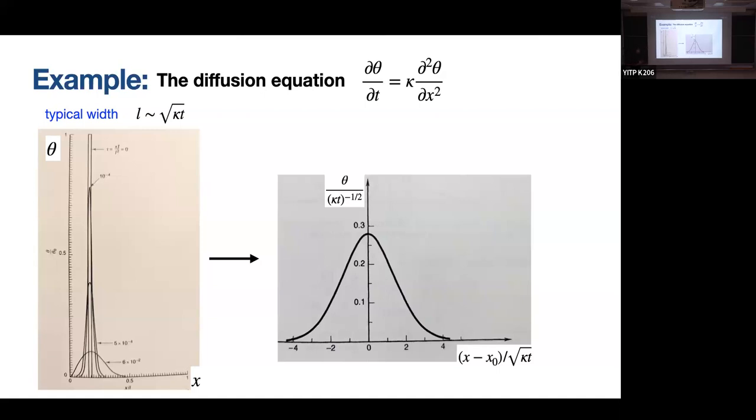So it's a very simple problem. If I normalize the axis, so instead of just x, I look at x over the square root of kappa t, and instead of just the temperature, I look at the temperature over kappa t to the minus 1/2, and I plot all of these profiles on top of each other, you can see that they all form one single curve.